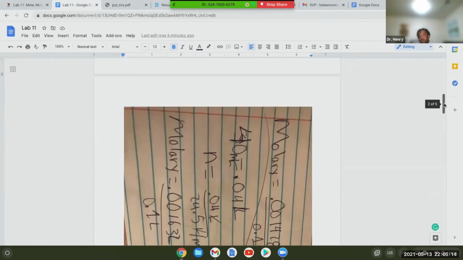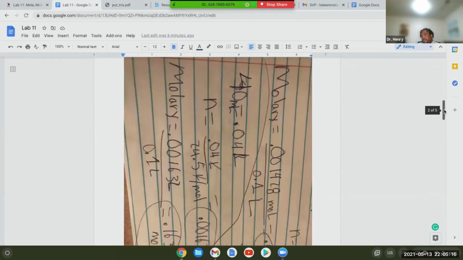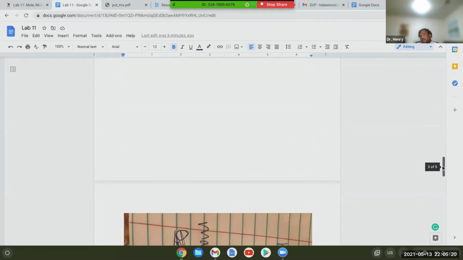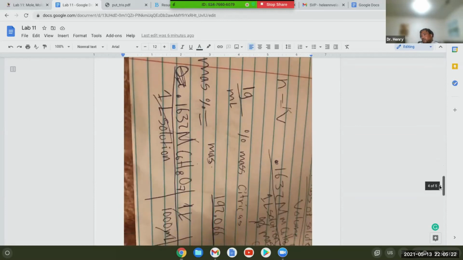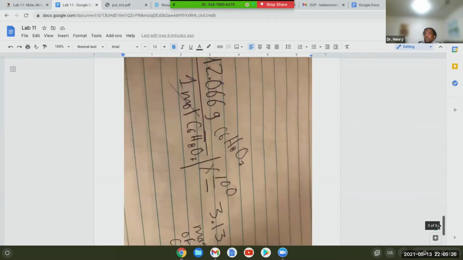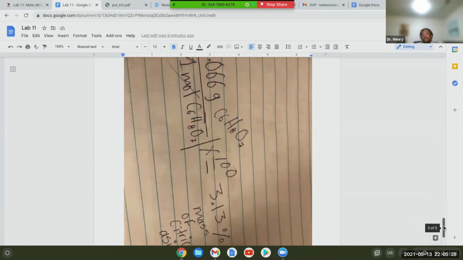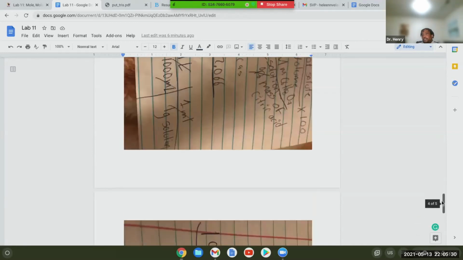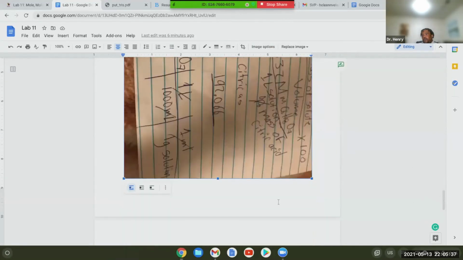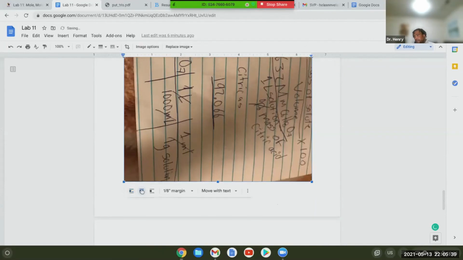And then I uploaded the pictures of my work. Yeah, you know you can flip them. If you click on the image and go to the corner, I think you can orient them.